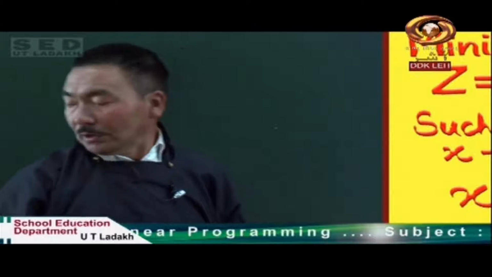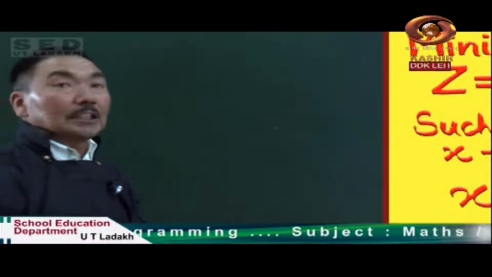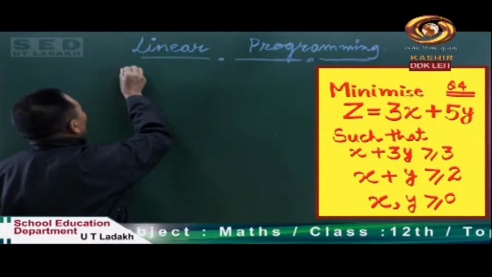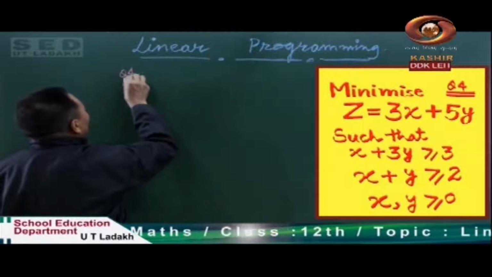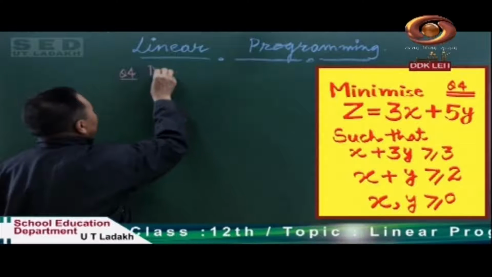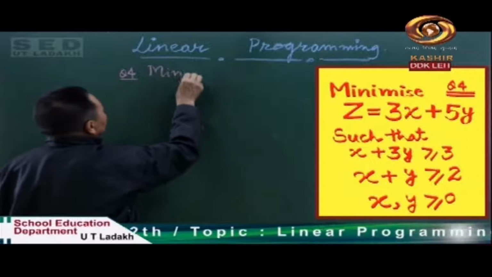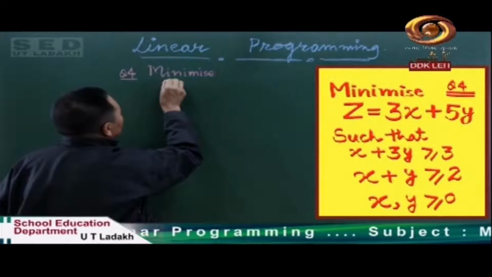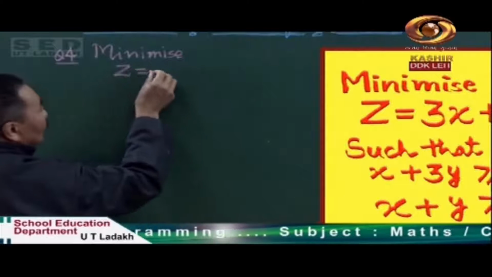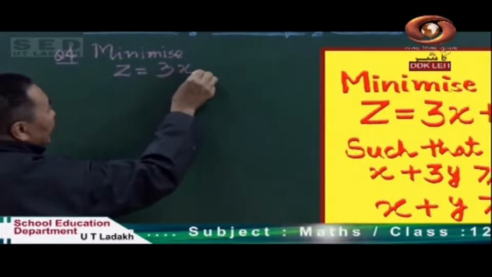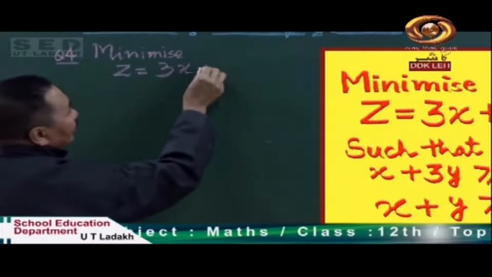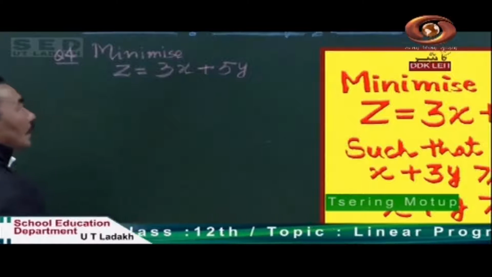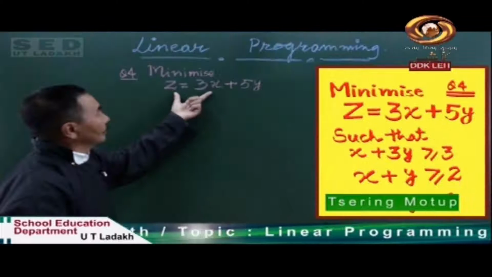So I am going to solve this function, question 4: minimize z equal to 3x plus 5y. This is our objective function.